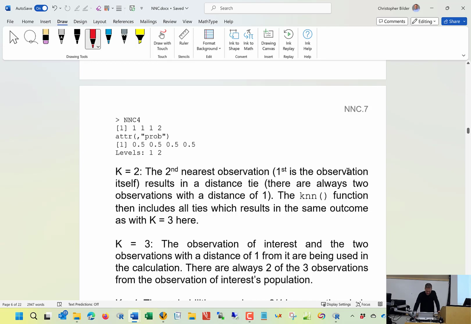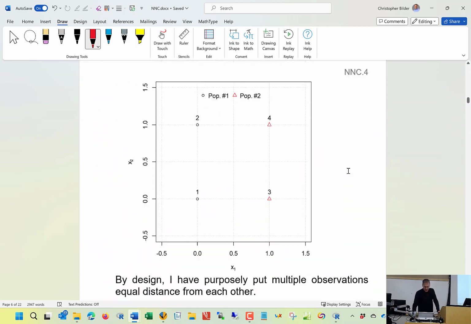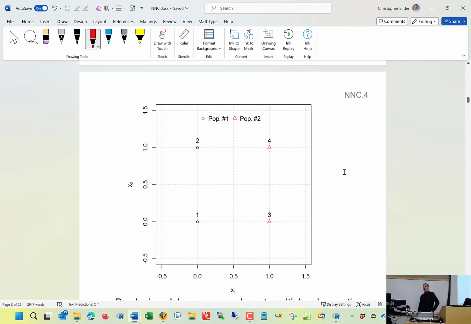Okay. Yeah. I remember when I first put these notes together, I was like, oh, geez, this is frustrating trying to figure out all these small little details.